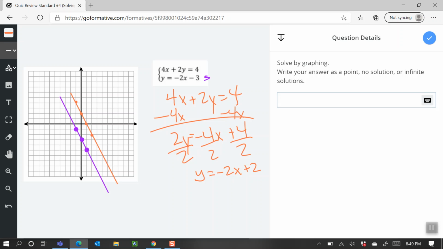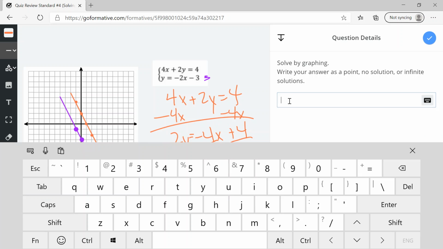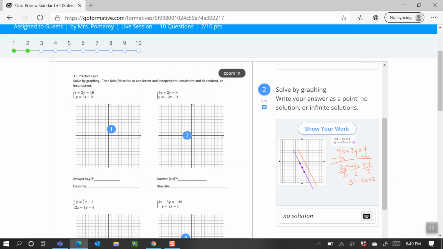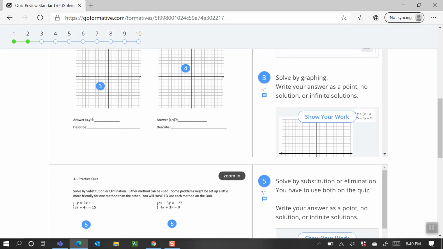Well, that's awesome. Change my keyboard again. Make sure I click in there. Got it right. So that's how you graph those.